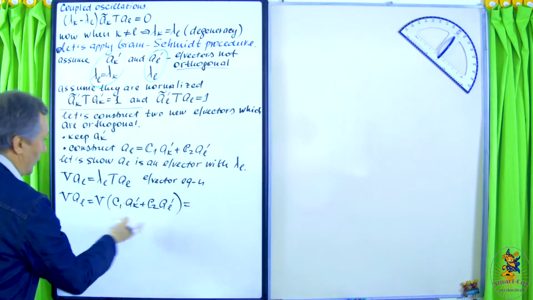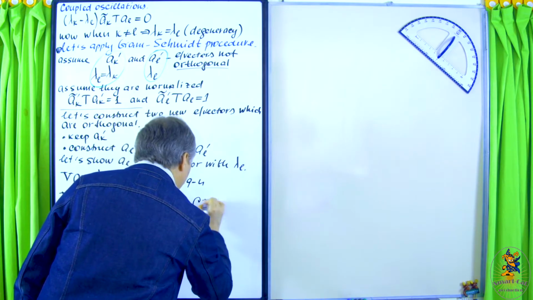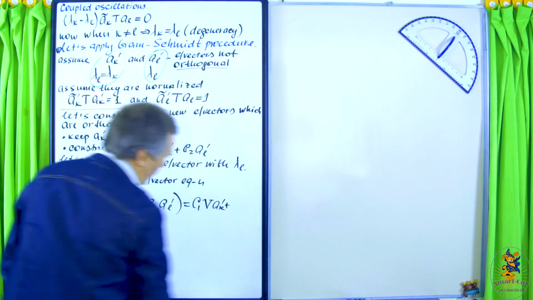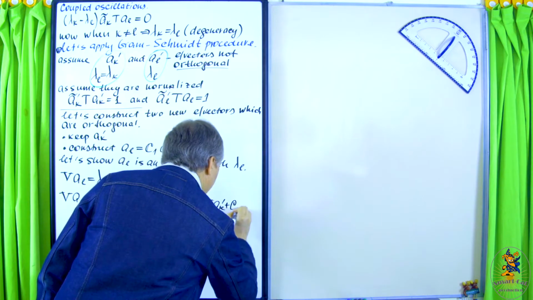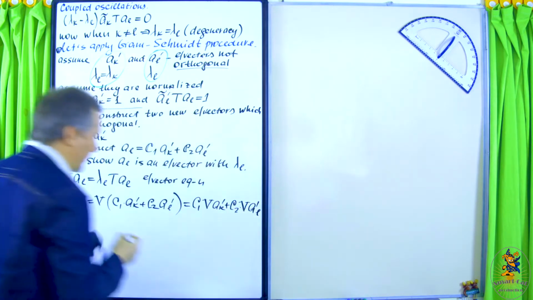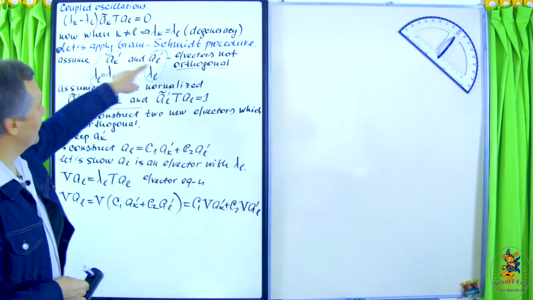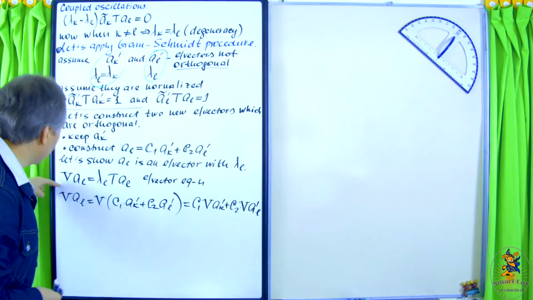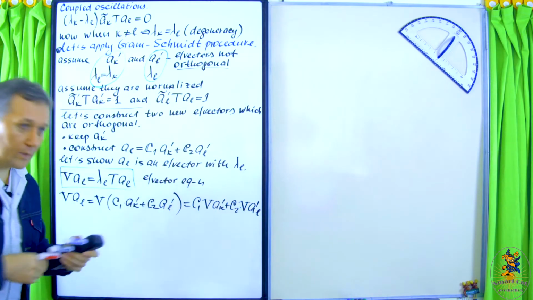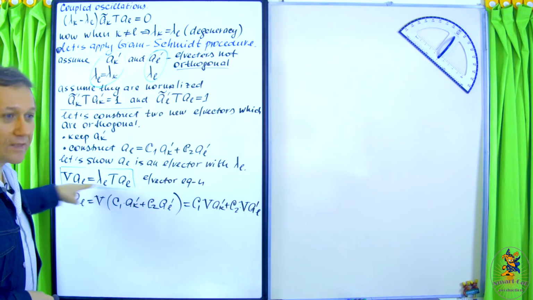Right, so C1 constant, C2 constant, of course we can take them outside, so it will be C1 V acting on a_k prime plus, okay, I'll try to squeeze it in, C2 V acting on a_l prime. Okay, V a_k prime, we know that both of these vectors are eigenvectors, so they satisfy, let me frame this because we need it, this equation.